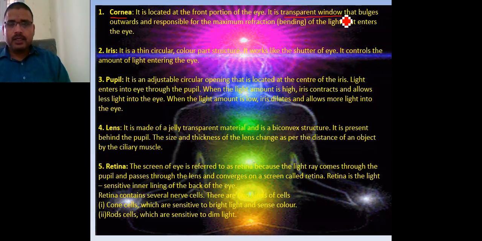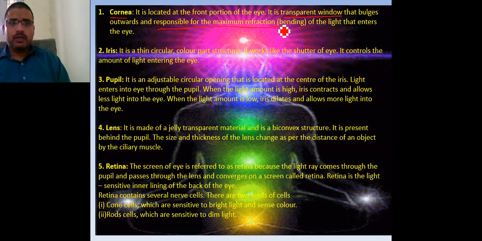Whatever light is not required by our eye is reflected from the cornea, and the part of the light which is required to make the image of an object is refracted into the eye. That is the main function of the cornea.